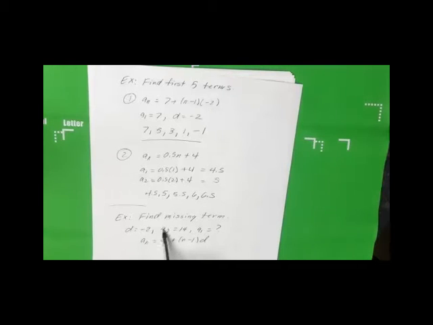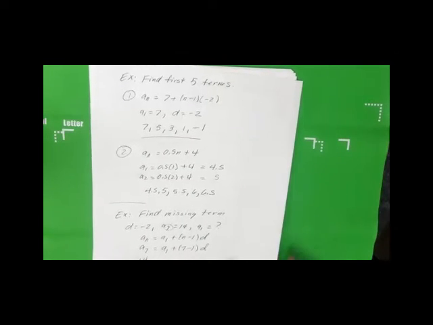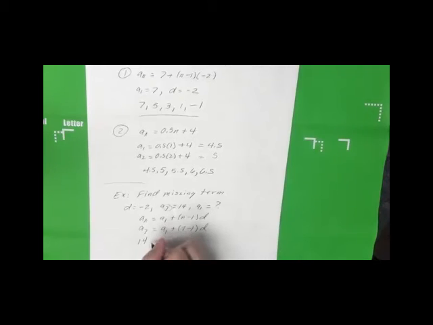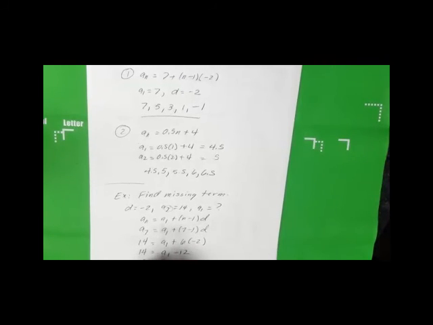You can see that n in this case is 7. Okay, so we got a sub 7 equals a sub 1 plus 7 minus 1 times d. But a sub 7 is 14. a sub 1 we don't know. 7 minus 1 is 6. The common difference is negative 2. So 14 is a sub 1 minus 12, and so a sub 1 is 26.